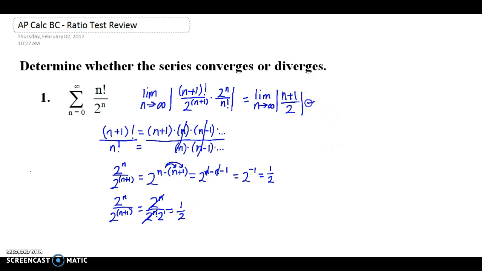And now we're ready to evaluate this. It ends up becoming infinity over 2, which is still approaching infinity.